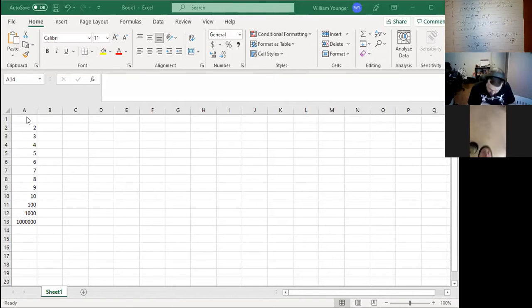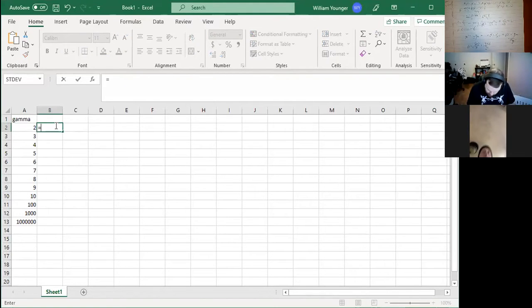Okay, so these are values of gamma. And therefore, I should take this formula, and what we want is gamma to be this value over here. So I'm going to say square root of this value squared minus 1, divided by this value again.